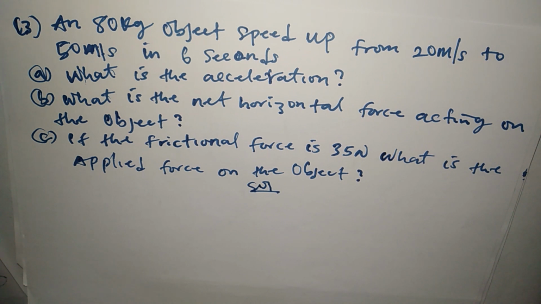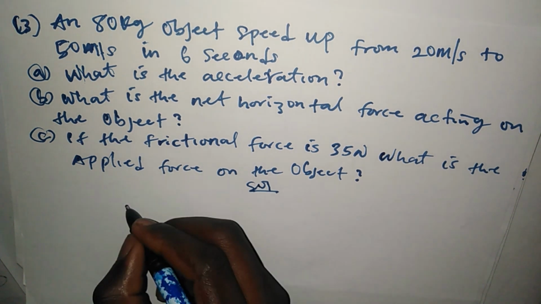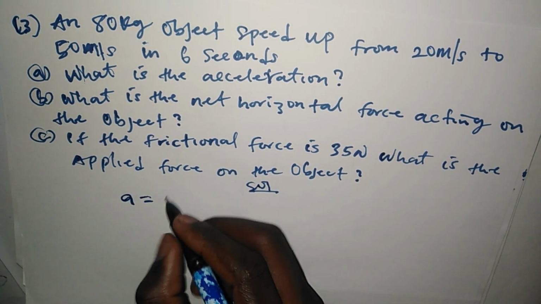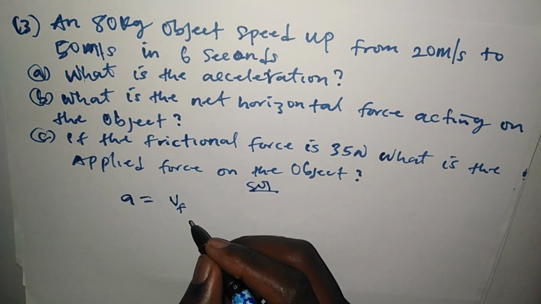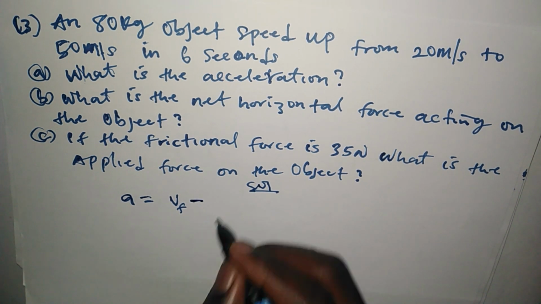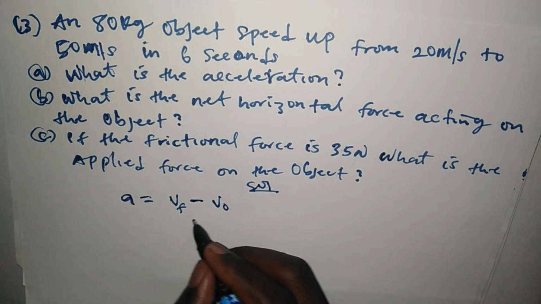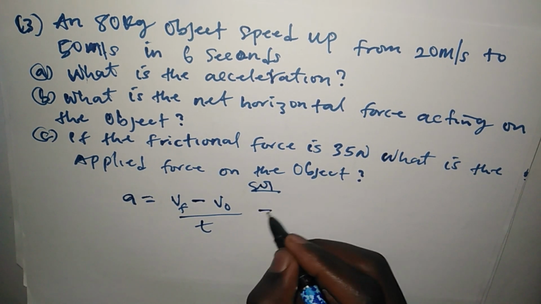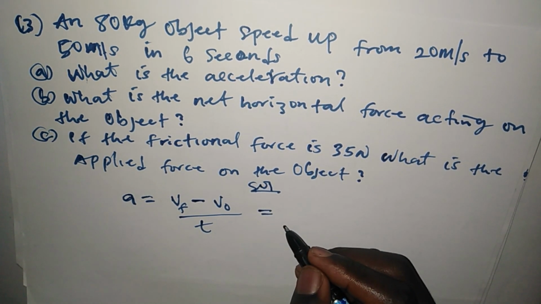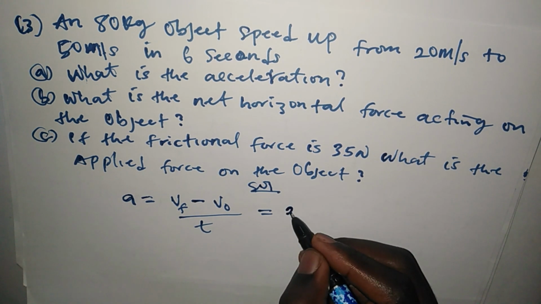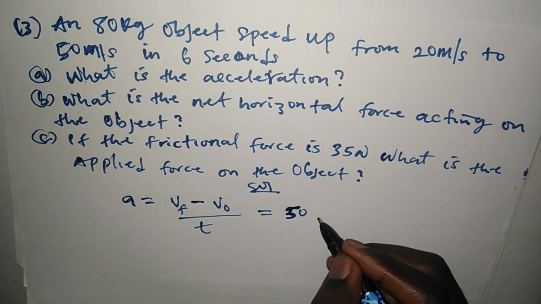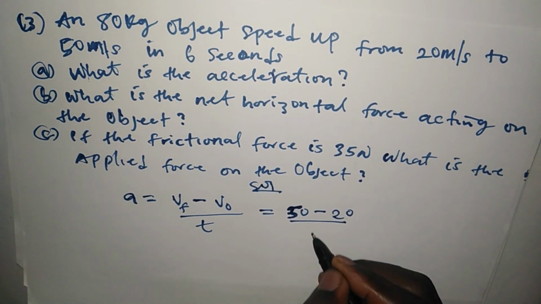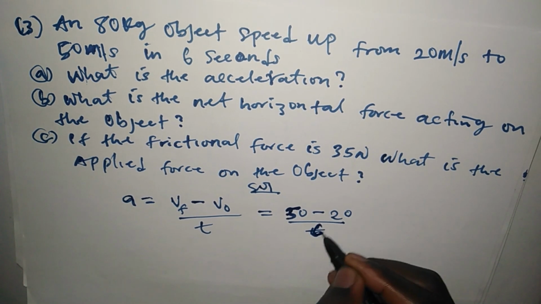And we know acceleration is equal to the change in velocity, Vf minus V naught, all over T. Vf, which is the final velocity, is equal to what? 50 minus 20 divided by T. T is 6 seconds, sorry. Let me put the 6 seconds.